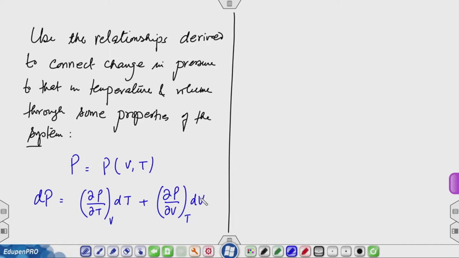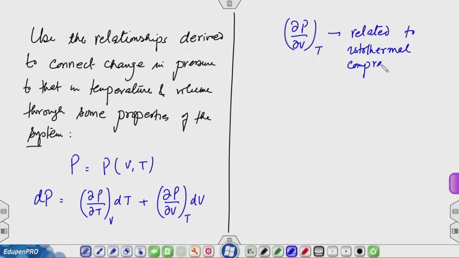Now, the second quantity, partial P partial V at constant temperature, is related to the isothermal compressibility of the gas.